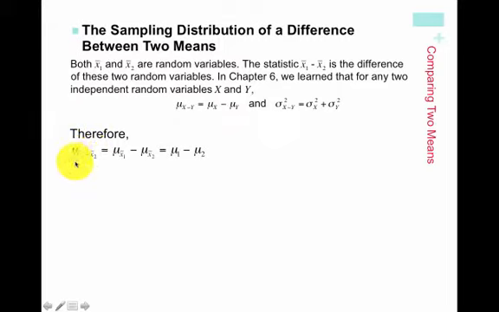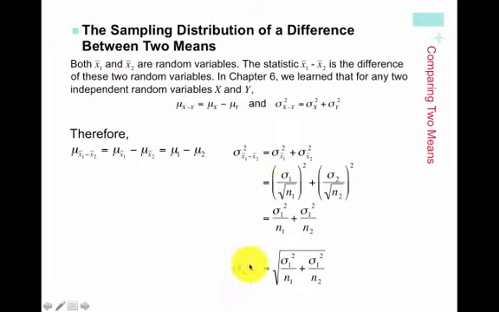Therefore, the mean of our sampling distribution, x bar 1 minus x bar 2, is the difference of the two population means. Our standard deviation of our new sampling distribution will be the square root of sigma 1 squared over n1 plus sigma 2 squared over n2.